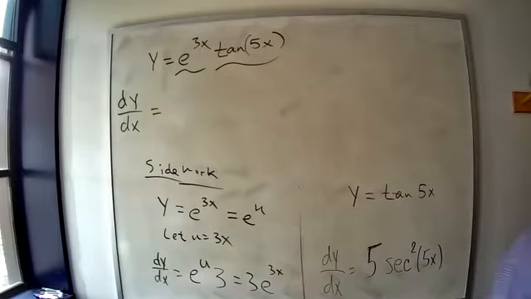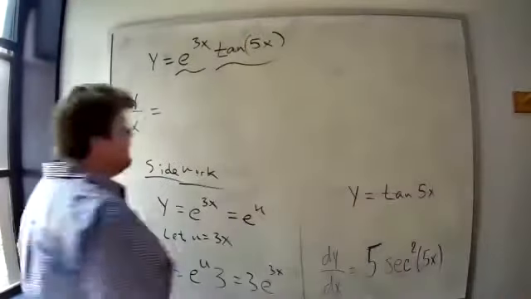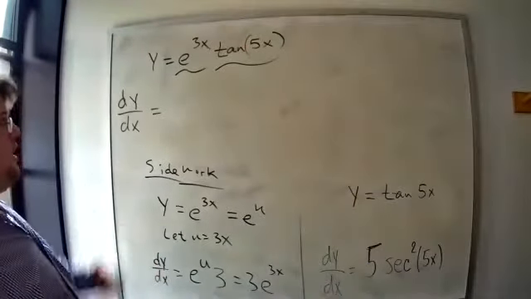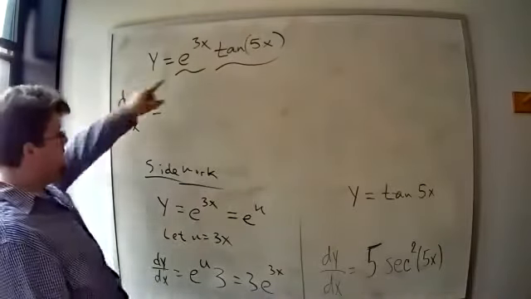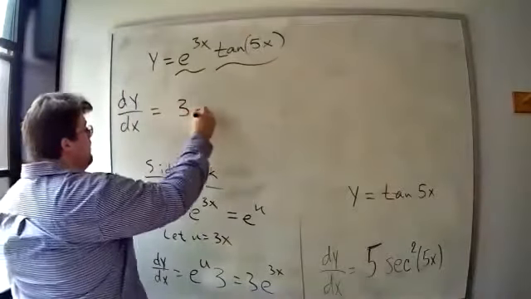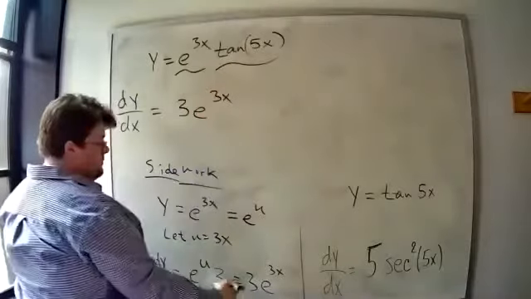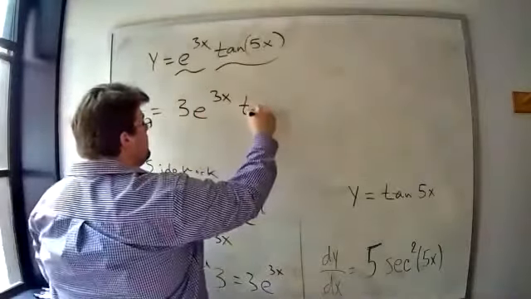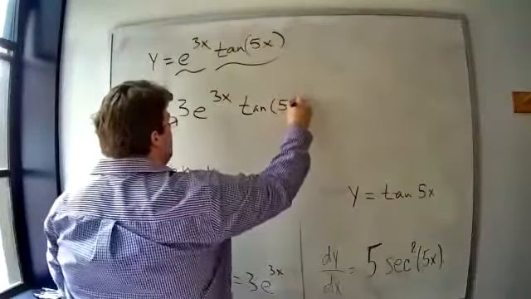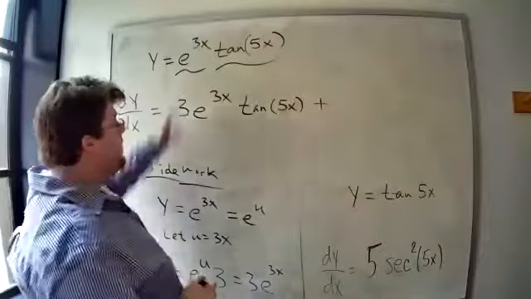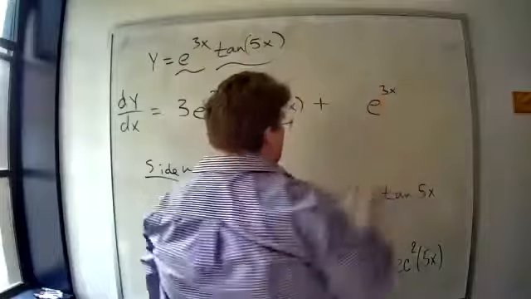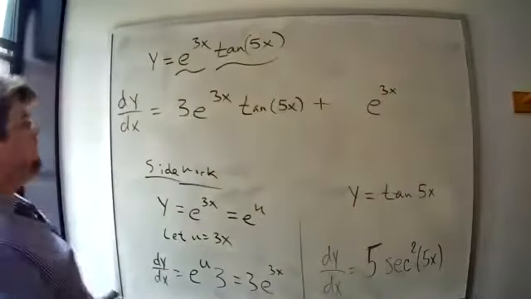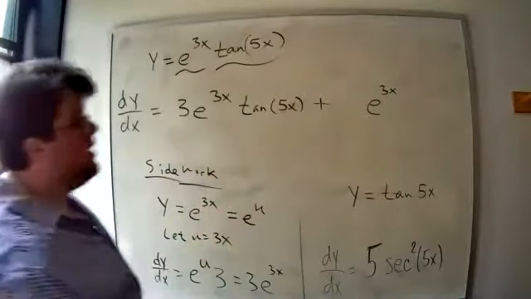Okay, so now that we've done the side work, we can find our original derivative by using these and the product rule. So the derivative of this product up here is the derivative of the first, which is down here, times the second, plus the first, which I'm going to write over here for organizational purposes, plus the first times derivative of the second.